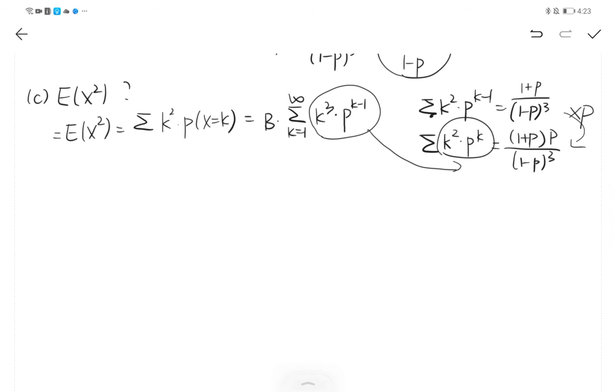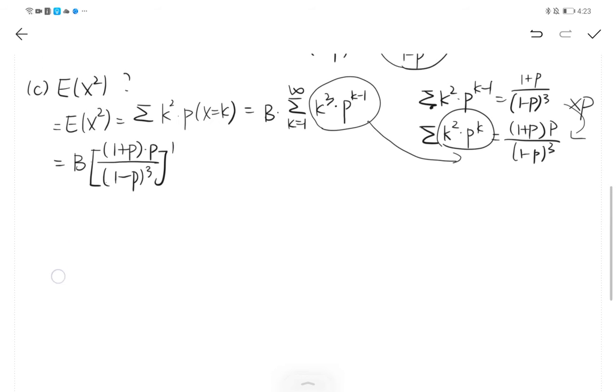So the expectation of X to the power 2 equals b multiply the derivative of p(1 plus p) over (1 minus p) to the power 3.